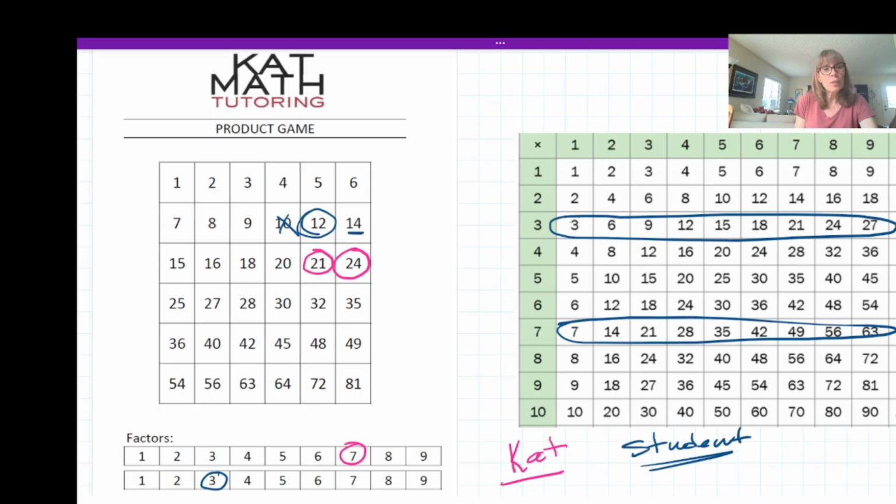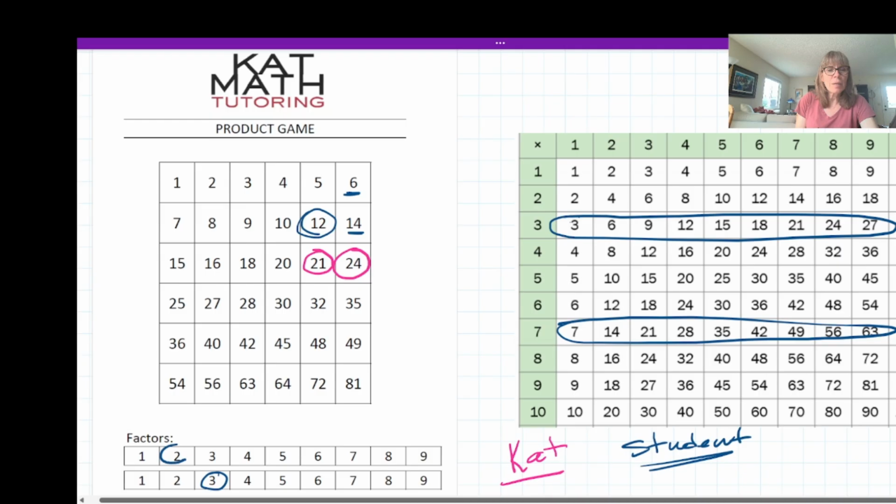Oh, they could do 14, which would be a 2 and a 7. Maybe that would be a good strategy for them. Another option is the 6, because that has a factor of 3 with 3 times 2. I'm going to have them do that. So 3 times 2 is 6, and the blue, my student, is going to go here.